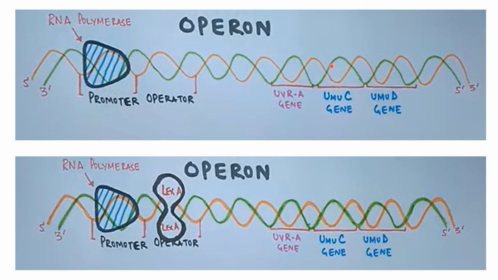This is the double-stranded DNA which has a promoter and the operator, and there are some of these structural genes. When the LEX A protein, which is a repressor, is bound to the operator, there is no replication.